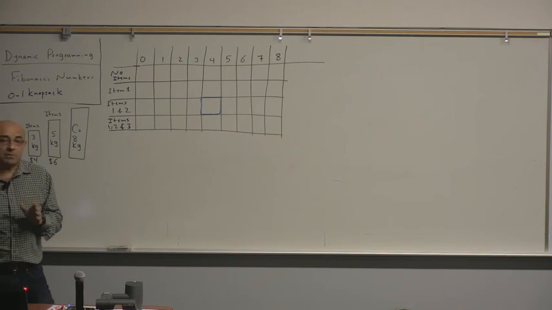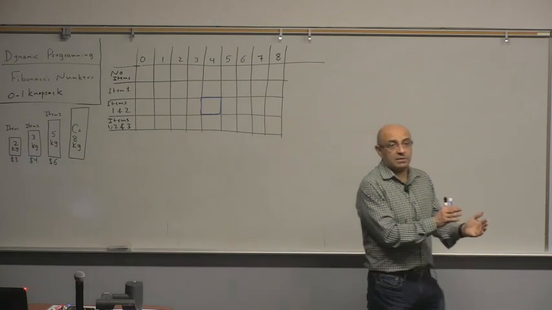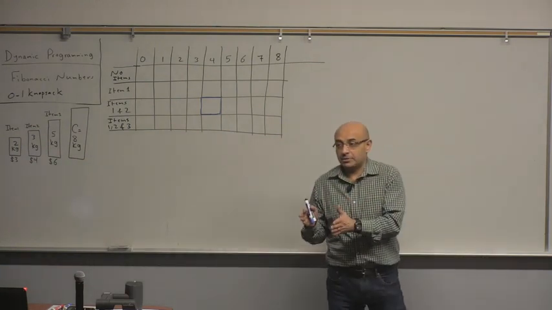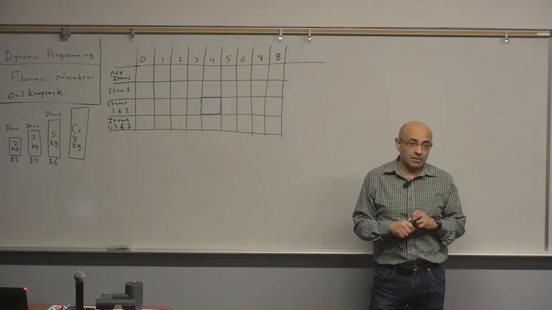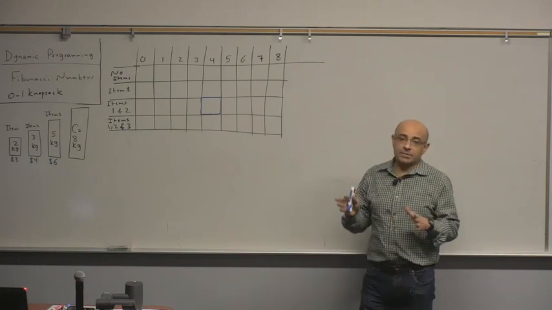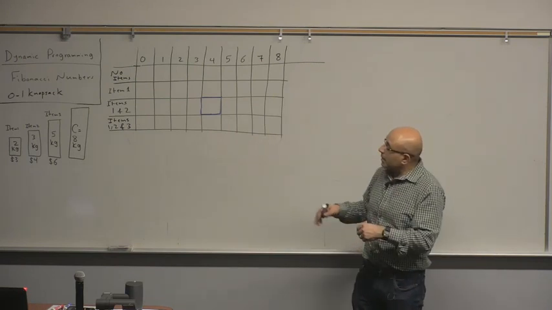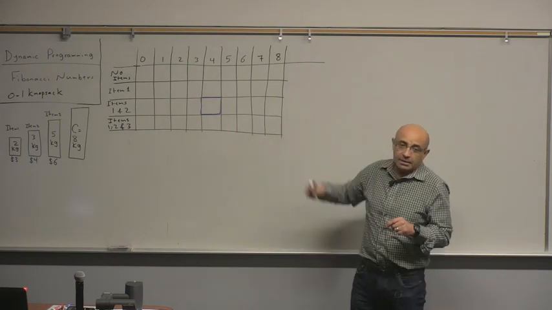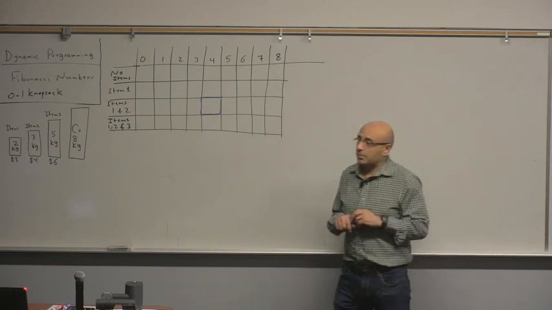Remember, to solve a problem using a greedy algorithm, you have to have both optimal substructure and greedy choice property. The 0-1 knapsack version of the problem has optimal substructure, and this is something that we will be capitalizing on in building this dynamic programming solution, but it does not have the greedy choice property.